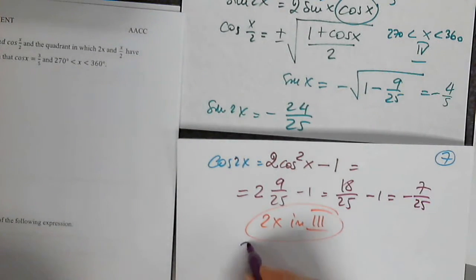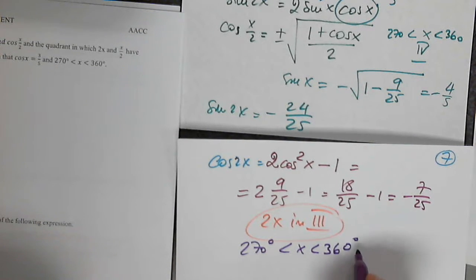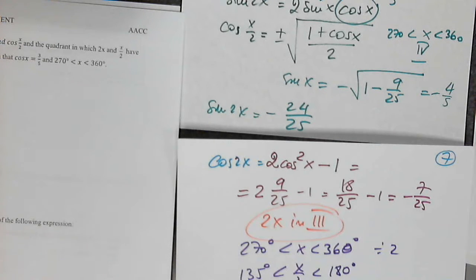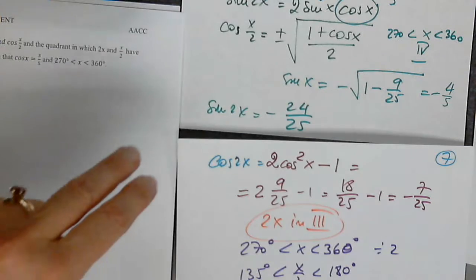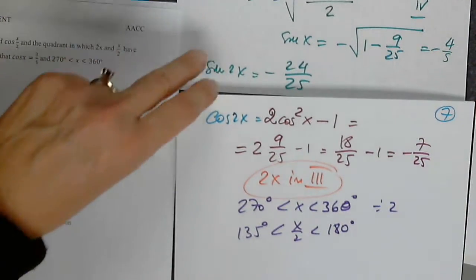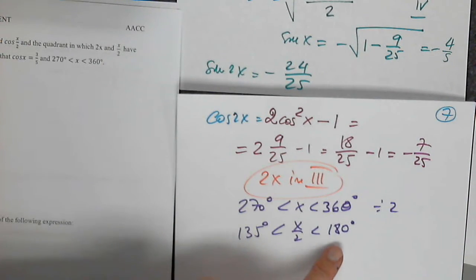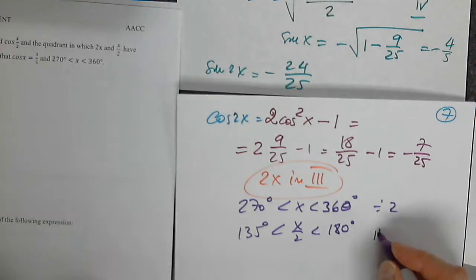Let me write it one more time. 270 degrees less than x less than 360 degrees. I divide by 2: 135 less than x over 2 less than 180. I have no doubts now that x over 2 is definitely in 135 through 180. Second quadrant.